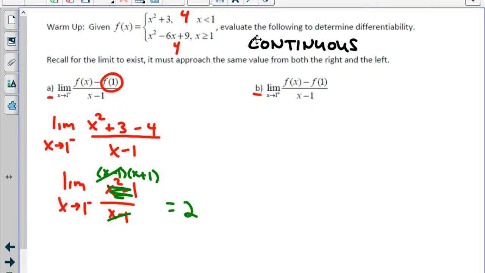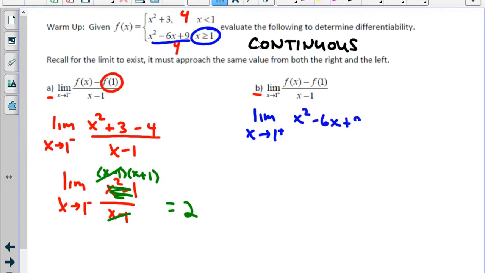Now let's take a look at this guy on the right. If we're evaluating as we approach 1 from the right, that means we are going to substitute that function in. The value of the function is still 4.